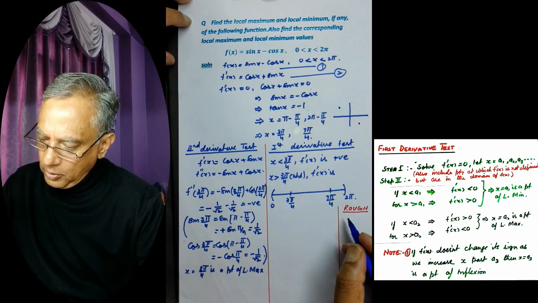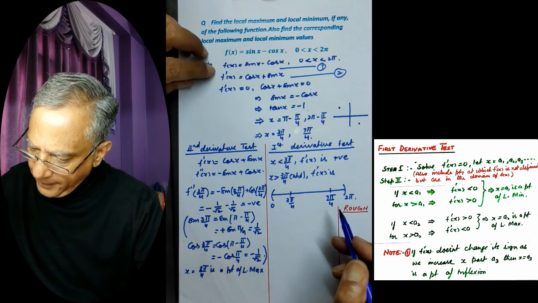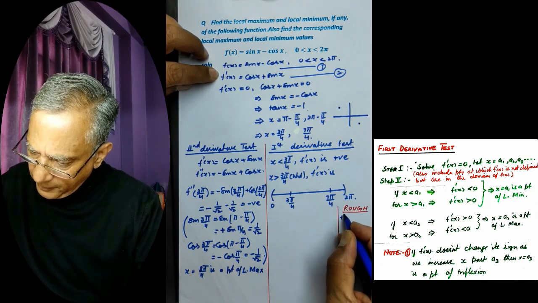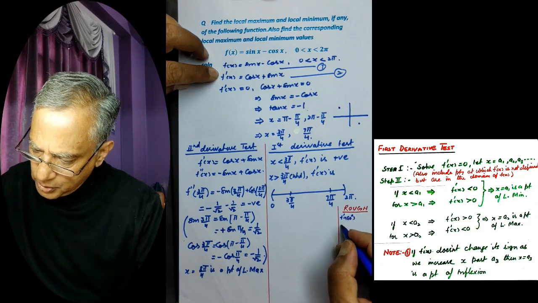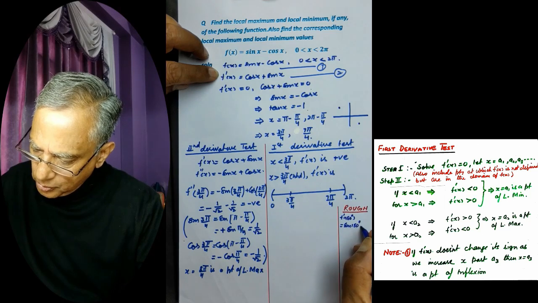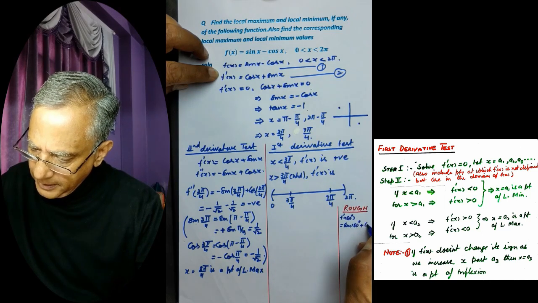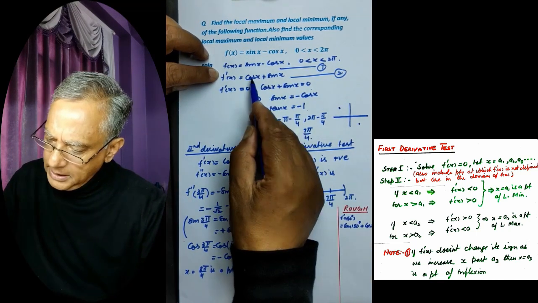Now at x equal to 150 degrees, sign of f dash x is sign of f dash 150 degrees. This is equal to sine 150 degrees plus cos 150 degrees.